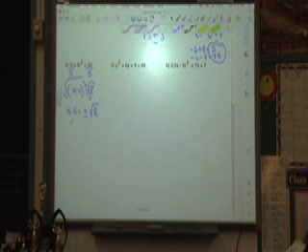Now remember, with radicals you have to simplify, so that's x minus 4 equals plus or minus, there's a 4 in there, 2 radical 2. Add 4 to both sides, so x equals 4 plus or minus 2 radical 2.